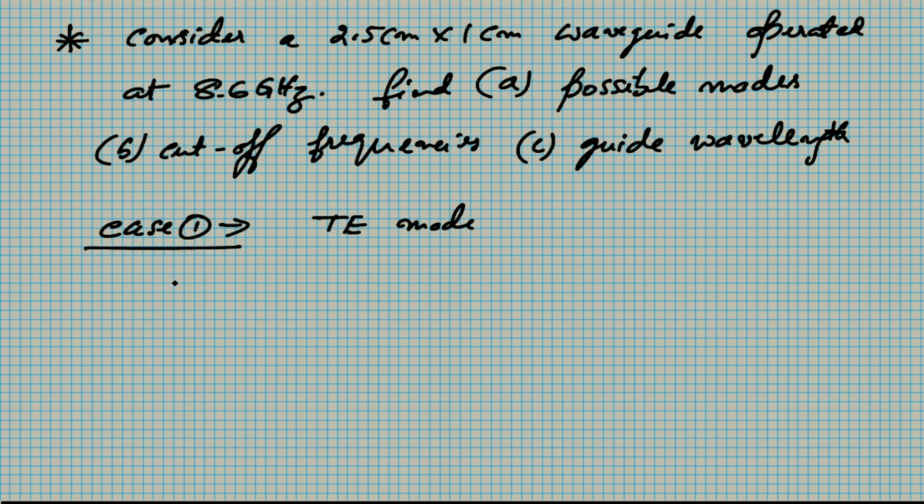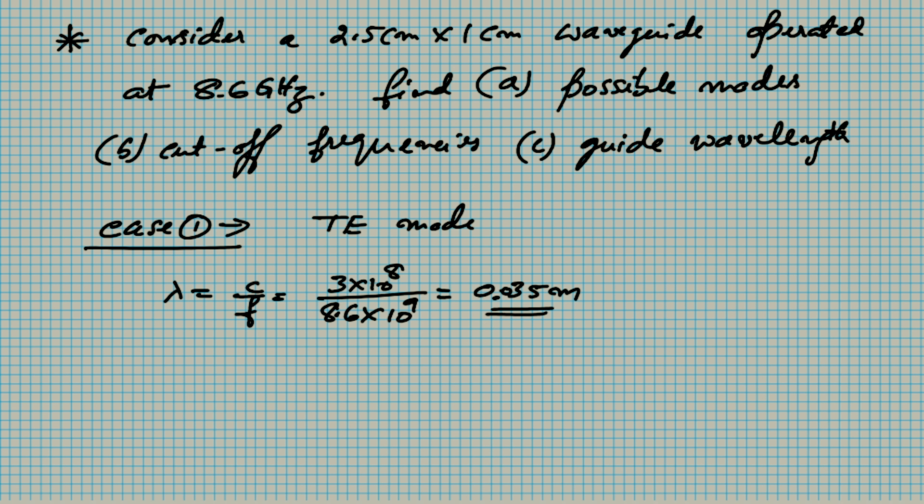So let's calculate lambda. Lambda is equal to c by f, so that is 3 into 10 to the 8 divided by f, which is 8.6 gigahertz. That gives 0.035 meters, correct.